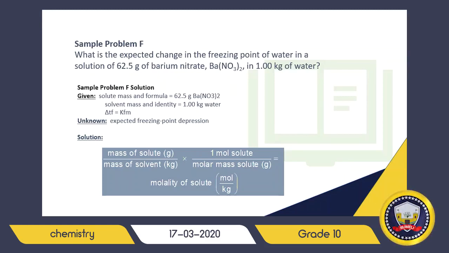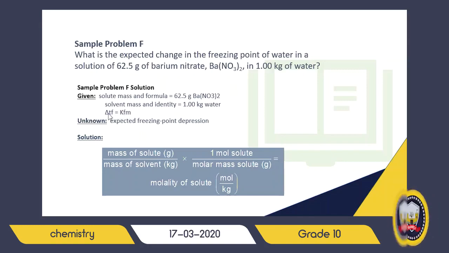The formula that we use is delta Tf equals Kf multiplied by m, and m represents what, guys? Yes, the molality, and Kf is a constant value that you will find in the table in your book.